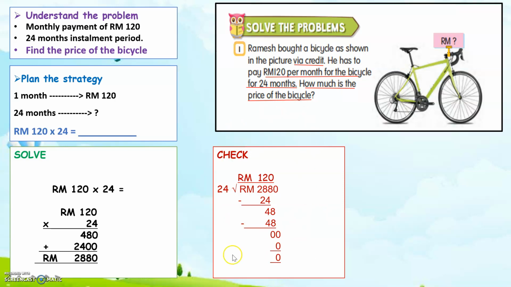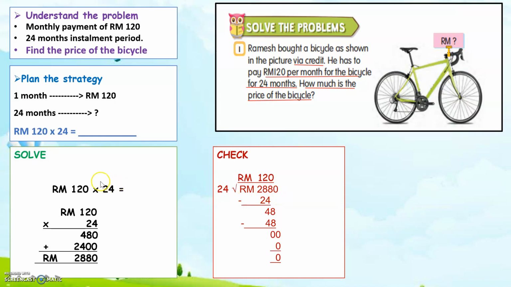Last step is check. You can use various strategies to check the answer. You may use your calculator or reverse operation, or you can add the monthly payment 24 times to get the answer, but it's quite long. Here teacher uses reverse.